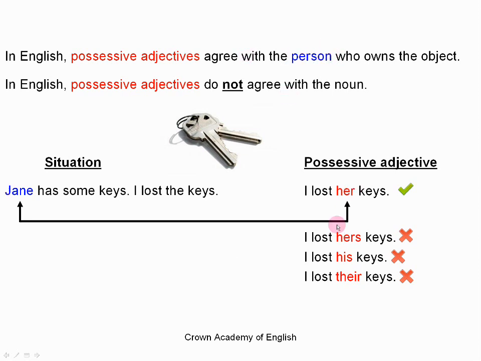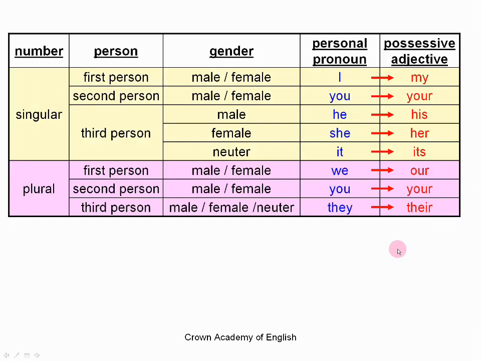Okay? So here is the summary. This is the list of all of the possessive adjectives that we have seen during this lesson. Okay? So we have my, your, his, her, its, our, your, and their. Exercise.